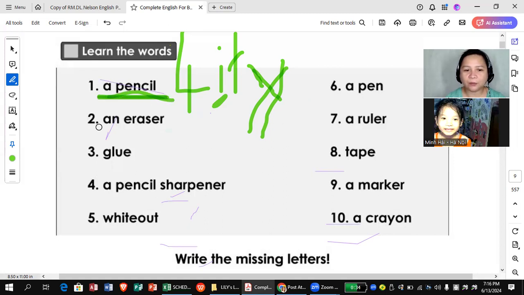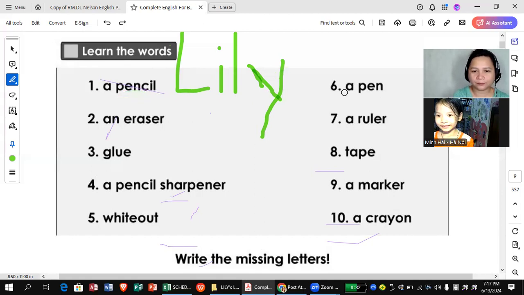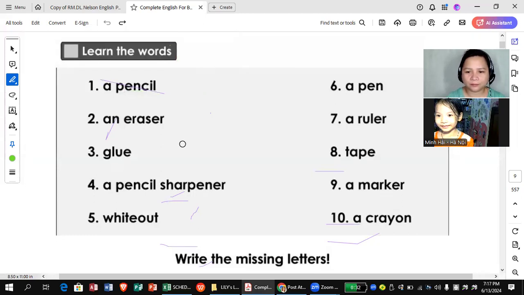Number two. Hello, Lily. Please. Can you please focus and listen to teacher? Okay, for number one, please read. How to read that?